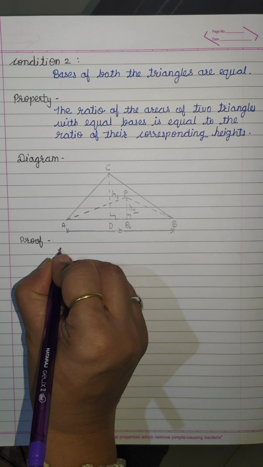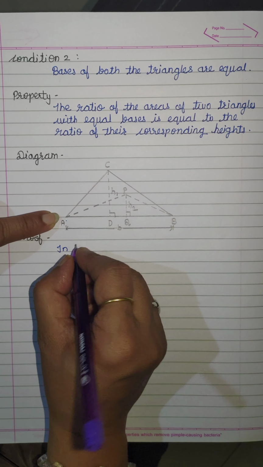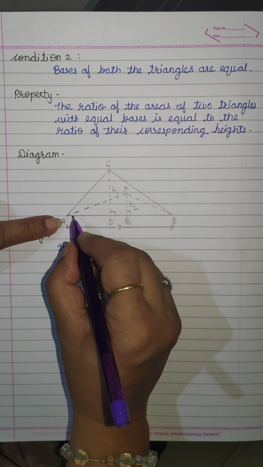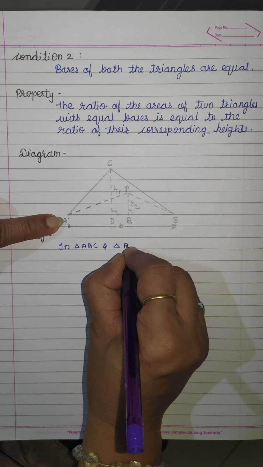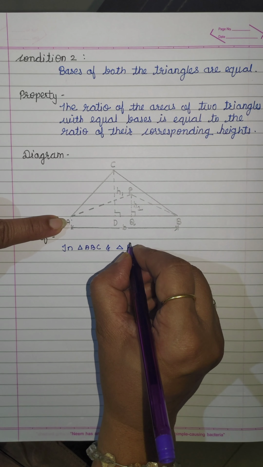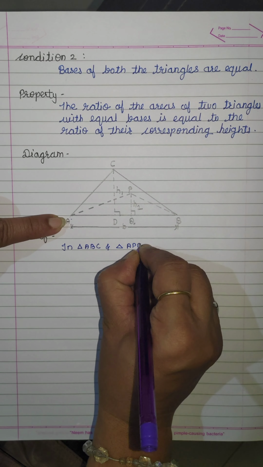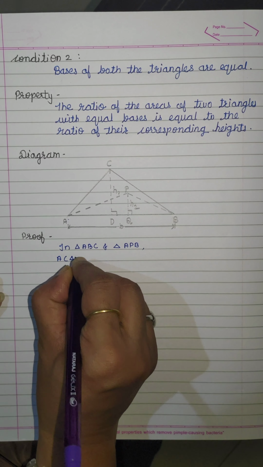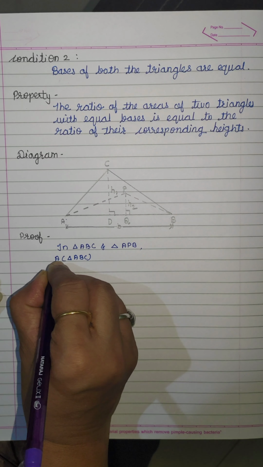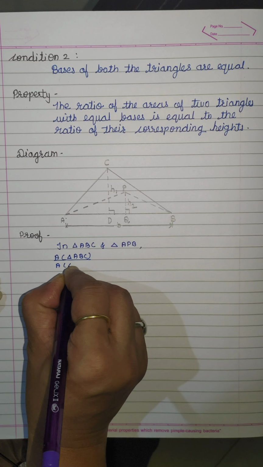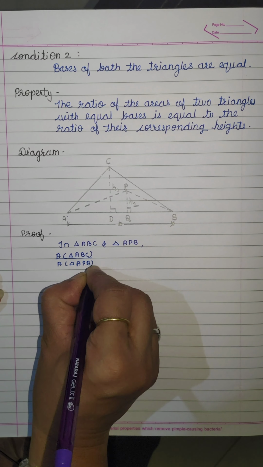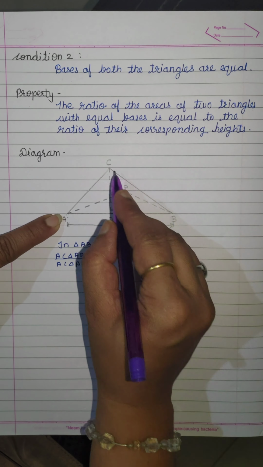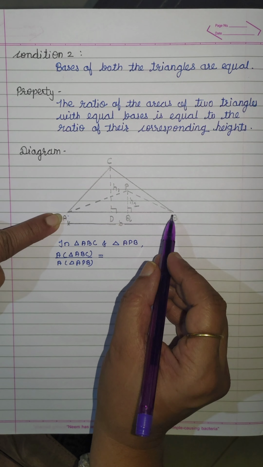We know that in triangle ABC and triangle ABP, or you can say APB, area of triangle ABC upon area of triangle APB is equal to, suppose the triangle ABC, its area is equal to half into base into height.